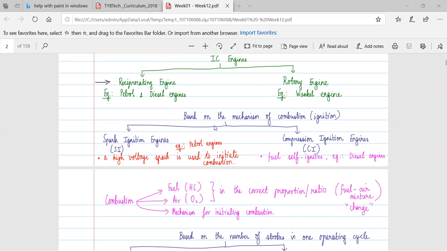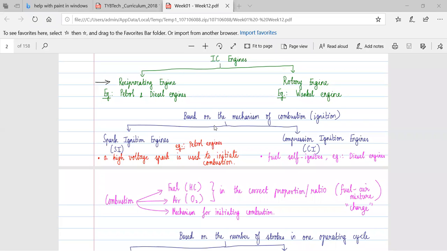Now the petrol or diesel fuels are combined with air, and then ignition is provided. Ignition means a spark is provided to get the combustion of these two.